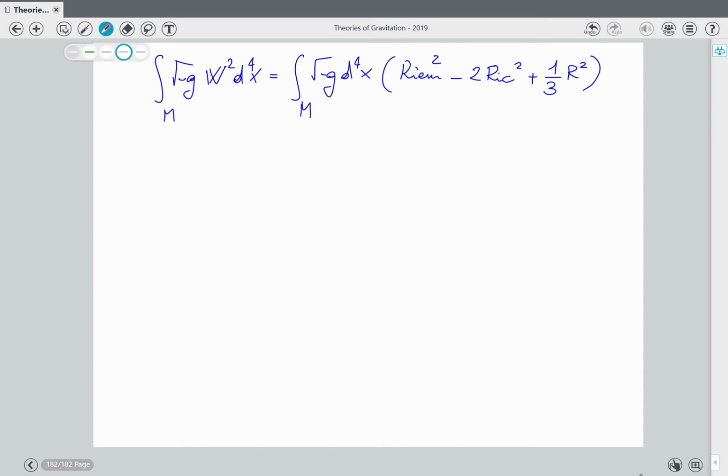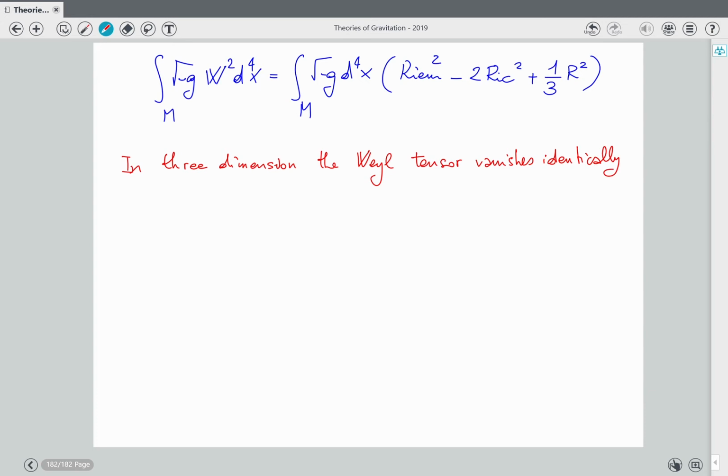Another property is that in 3 dimensions, the Weyl tensor is identically 0. What does that mean?